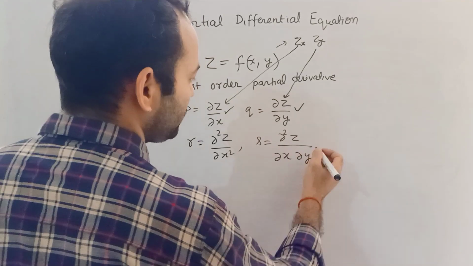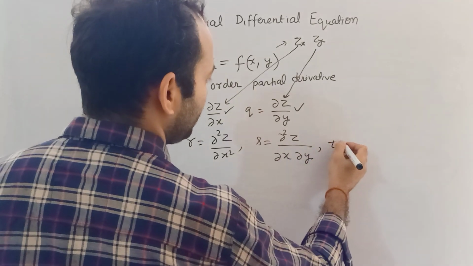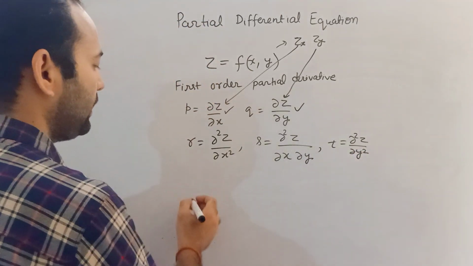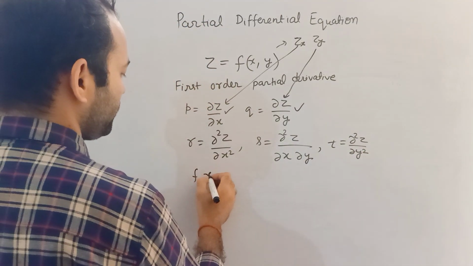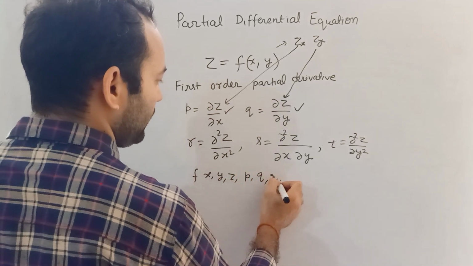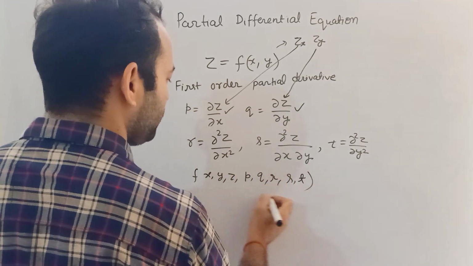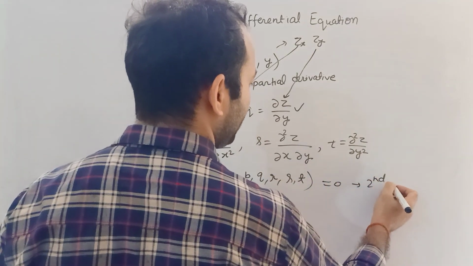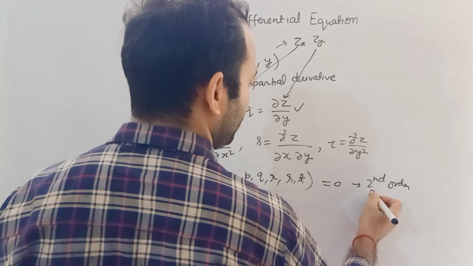For now, I'm just going to take s equal to this, and t is del 2z by del y squared. Now you will get a function of x, y, z, p, q, r, s, t equal to 0. So this is a second order PDE.